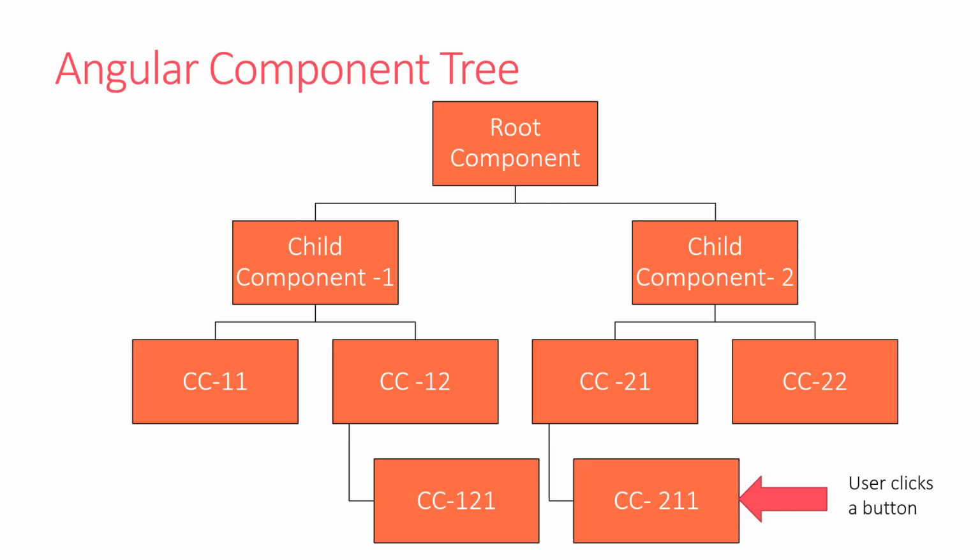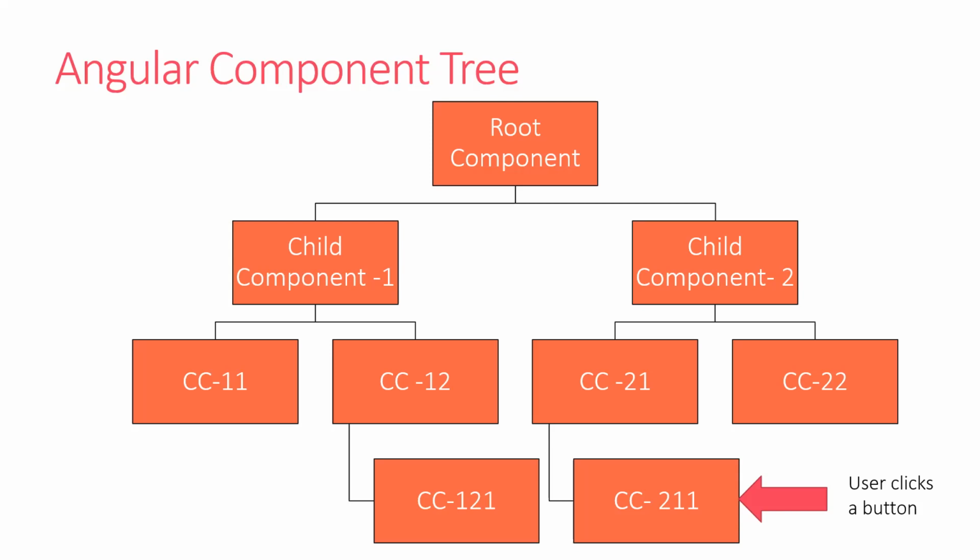And this is what we are learning, how we can avoid that, how we can run change detector only for the component or the set of children which is required. If there's a click in a component, we need to find out how few component change detectors can run.